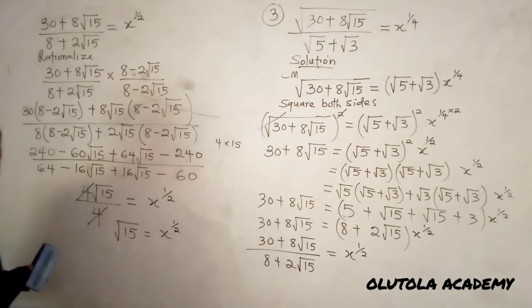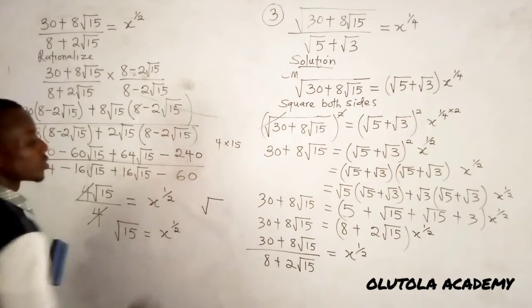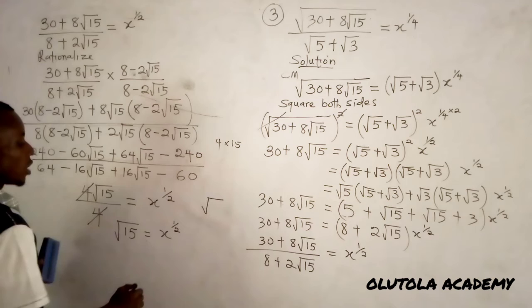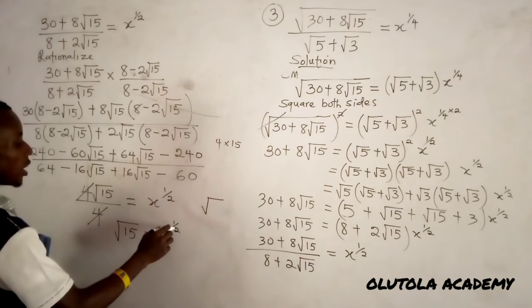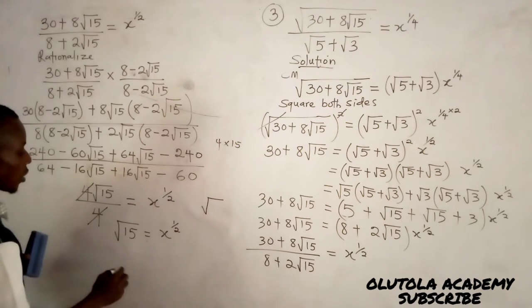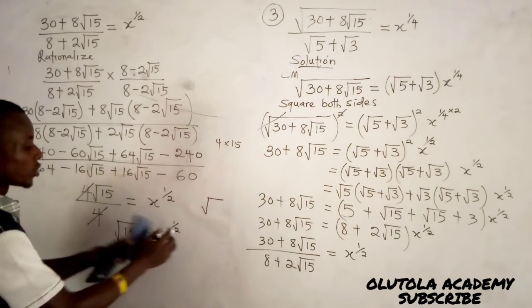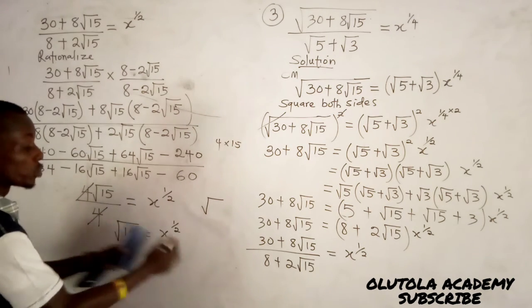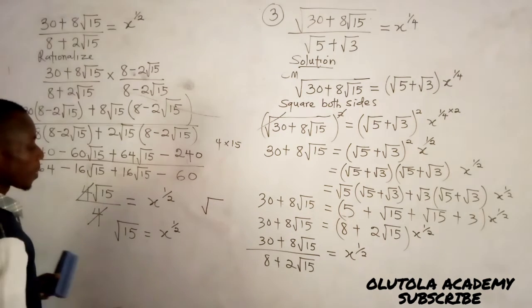x^(1/2) is the same as square root. So to get this square root out, in other words, square root is on both sides, √15 and √x. So I can cancel both, or I square both sides.